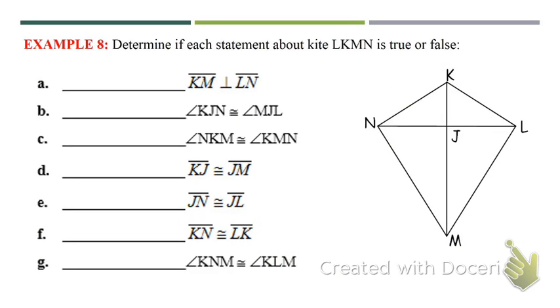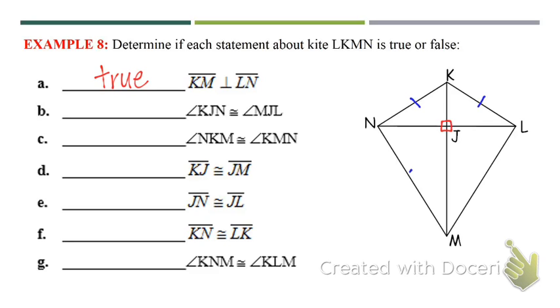All right, determine if each statement about the kite LKMN is true or false. So this is a kite. Since it's a kite, is KM perpendicular to LN?